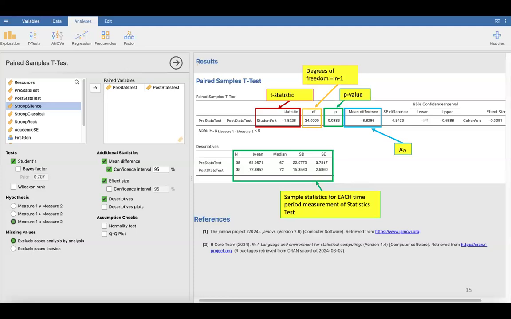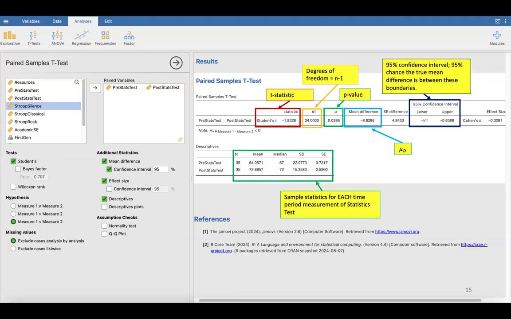Now this next part here, this is our mean difference. So this is actually the difference between the two groups or the 2 time periods of measurement. And then this is our confidence interval. Our confidence interval is a way of basically reporting the range of likely values for the true difference. It provides different information, whereas the p-value is talking about our likelihood of getting our specific sample or a more extreme sample if the null hypothesis were true.